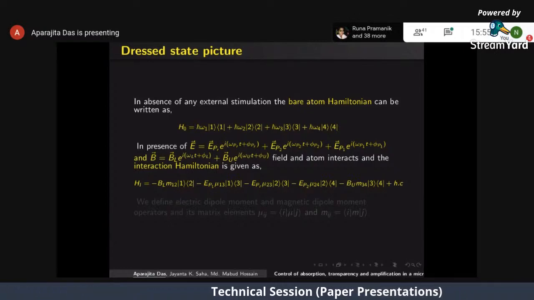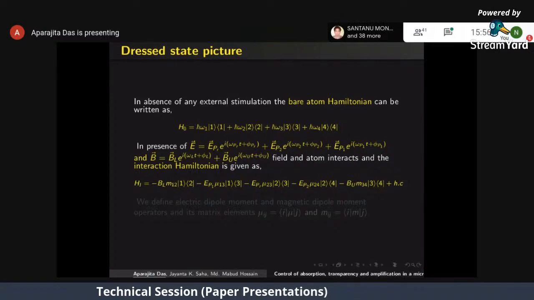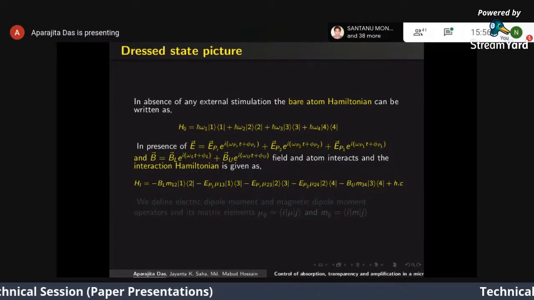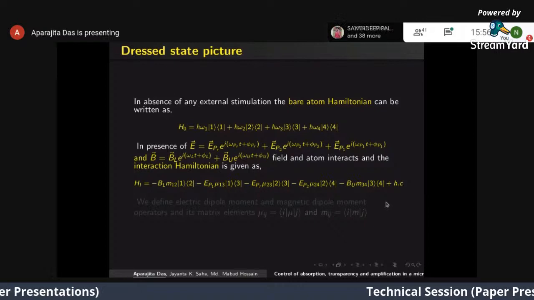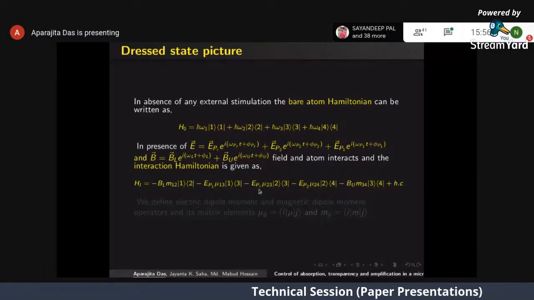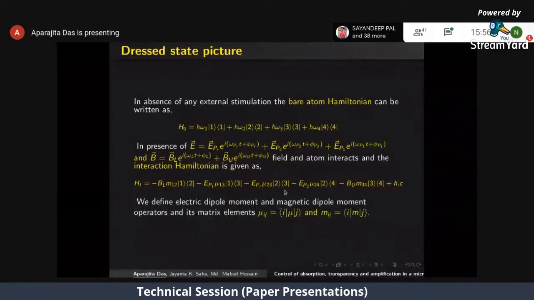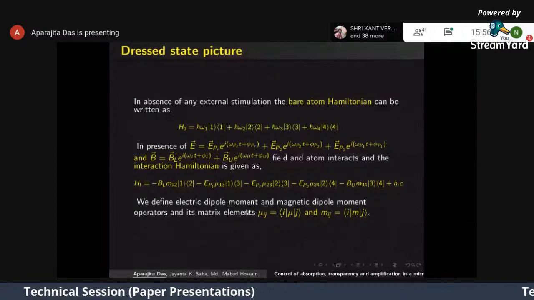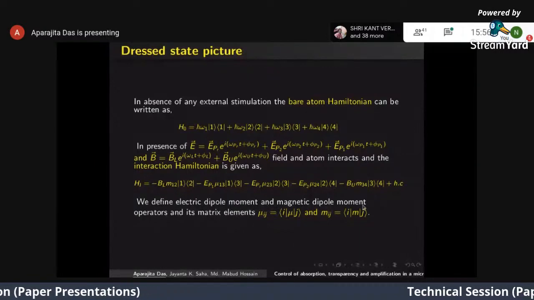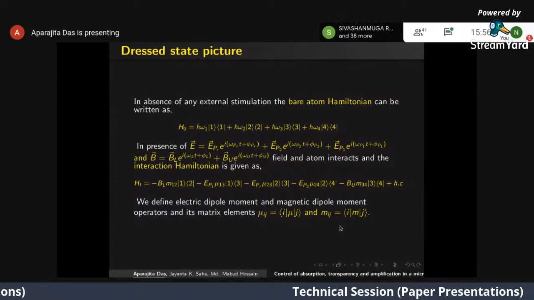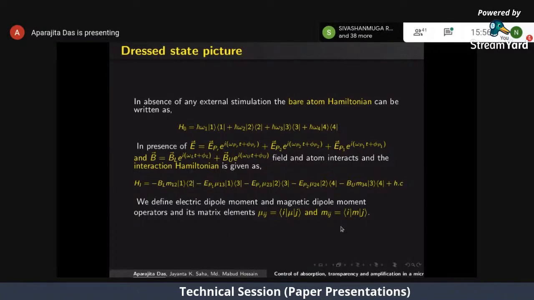And when they are placed in the electromagnetic field, they will quickly align towards the field direction, and we get the magnetic or electric dipoles, and we can define the corresponding matrix elements by this, where i and j run from 1 to 4.